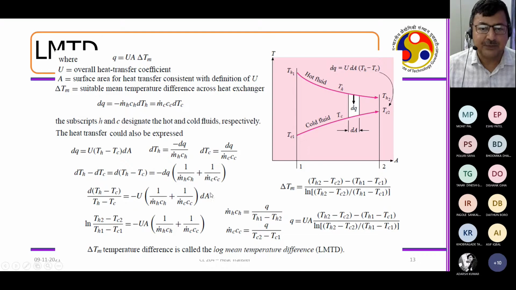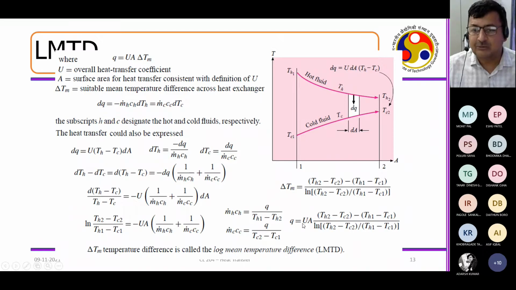Now, in this situation, if you do an integration, you end up getting an equation which is ln of TH2 minus TC2 over TH1 minus TC1. Of course, when I am integrating, these are the limits, so those limits are imposed. I get an equation like this. Now m dot CH you can replace: m dot CH is Q by TH1 minus TH2, and m dot CC is Q by TC2 minus TC1. If you replace these two here, what do you get?